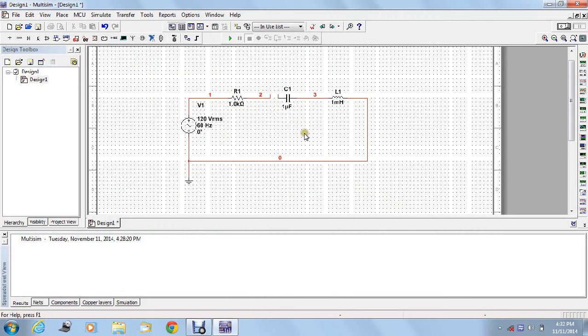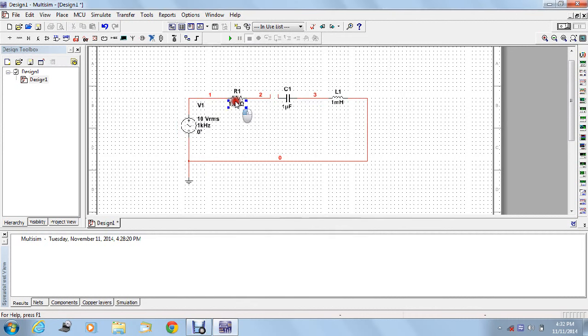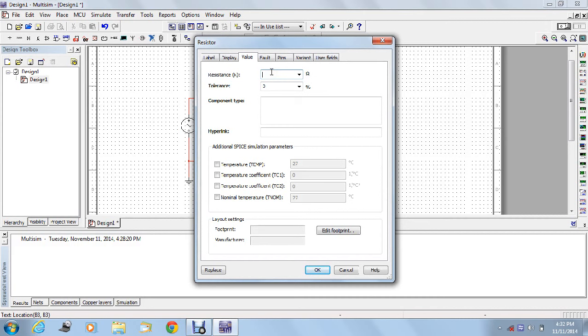Or you can select this circuit. So double click on this, change the value of your circuit. It is kilohertz. OK. Value of resistor 100 ohm.